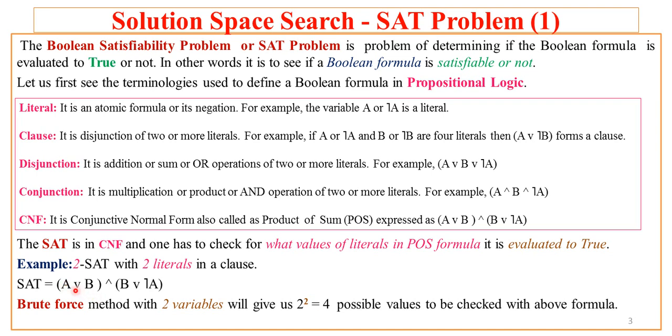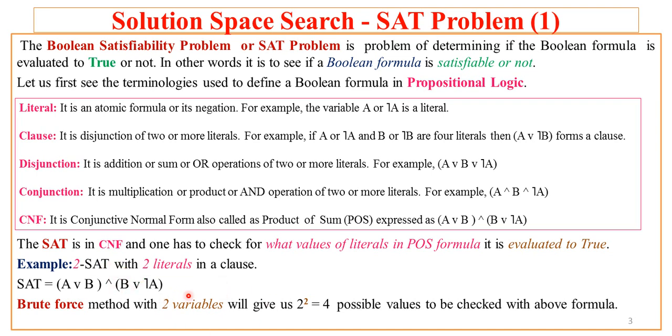So if a is 0 and b also is 0, then this will be 0 or 0, which is nothing but 0, that is false, and 0 or negation of 0, that is 1. So 0 or 1 is 1. So this will be 0 and 1, and you know that 0 and 1 is 0. So this formula evaluates to false.